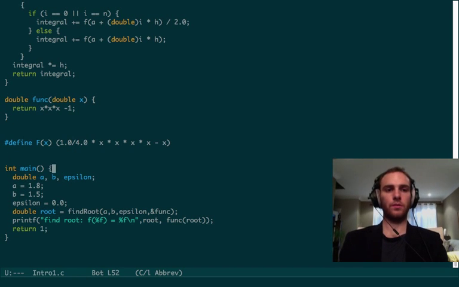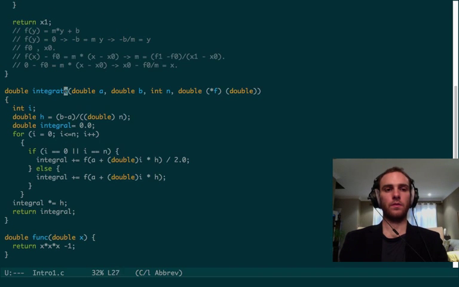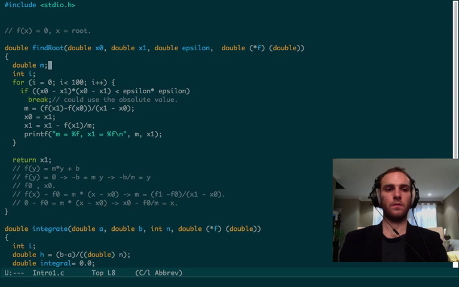We could also say if this is true, or if m is equal to not a number.